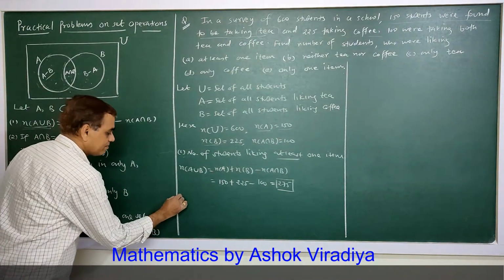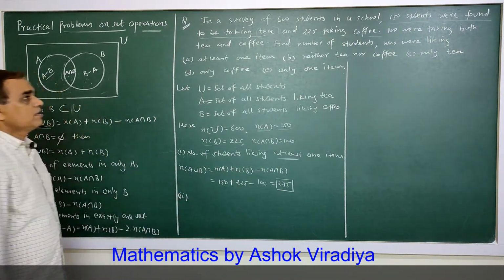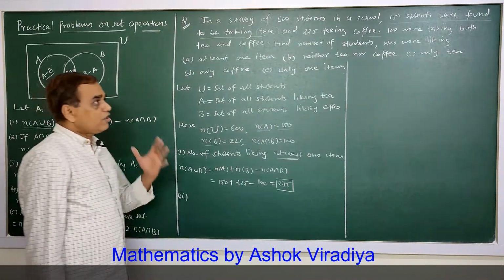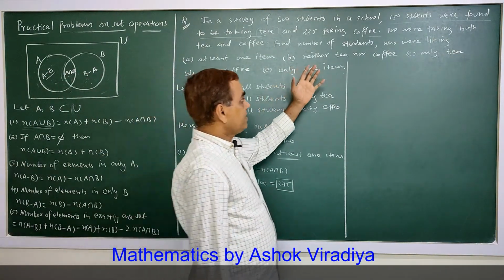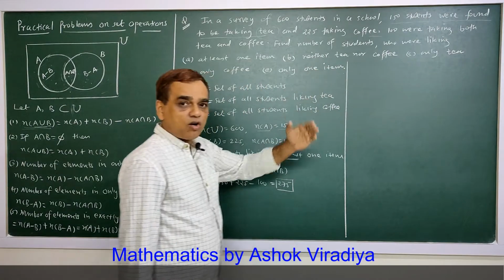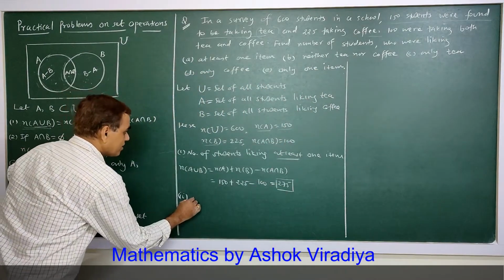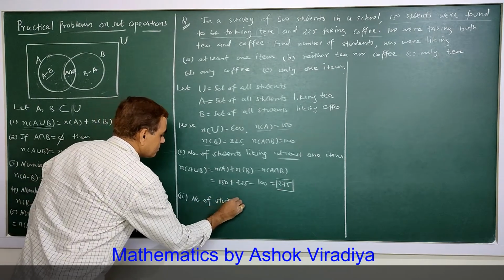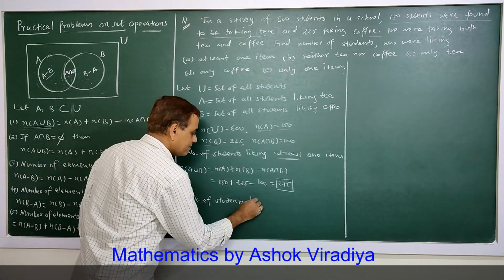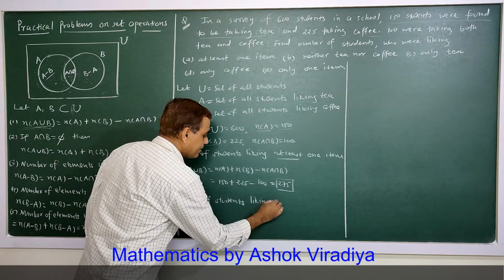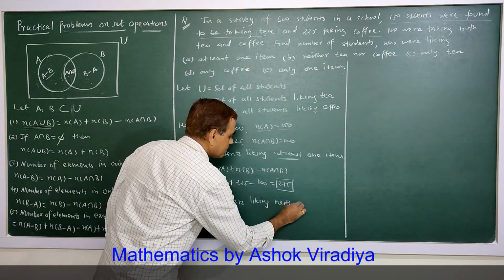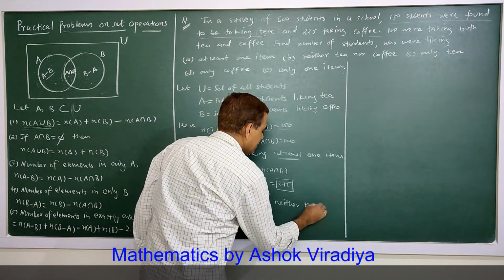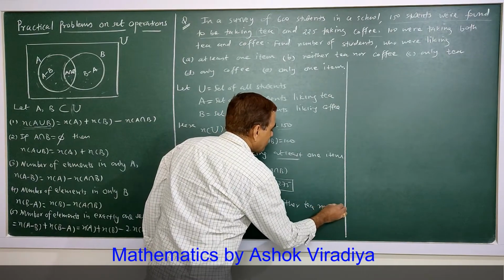Second question: find the number of students liking neither tea nor coffee. That is the number of students liking neither of the items, neither tea nor coffee.